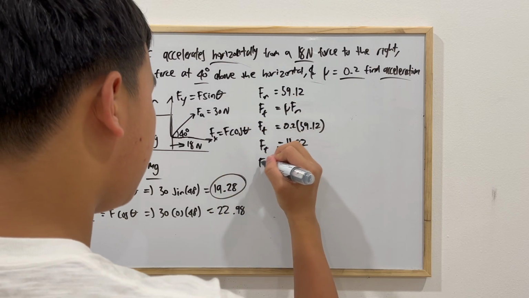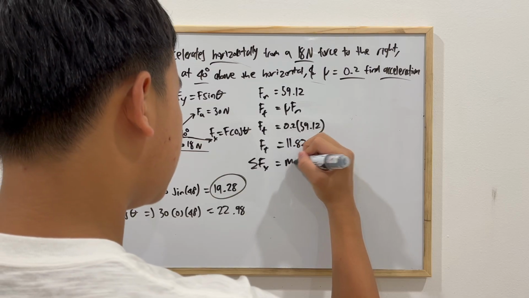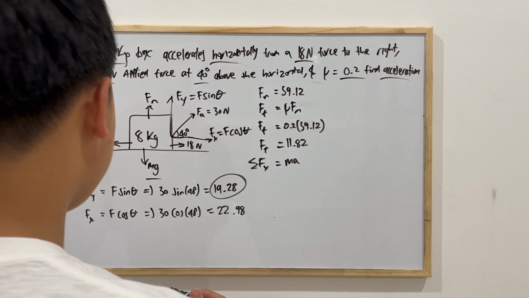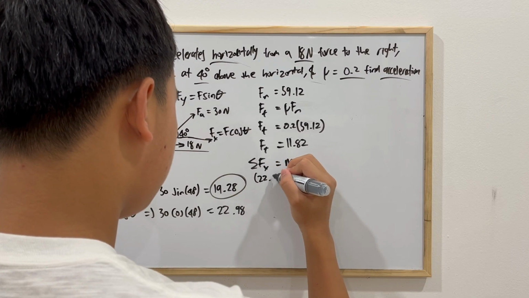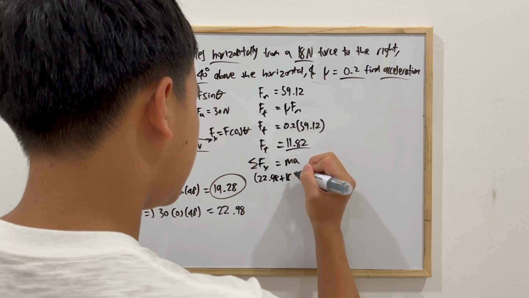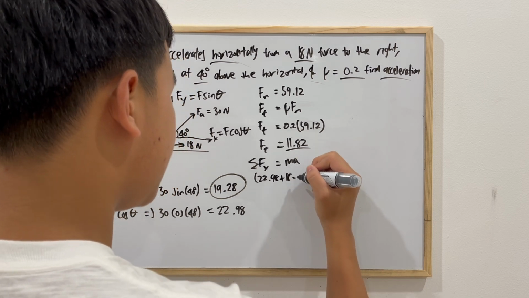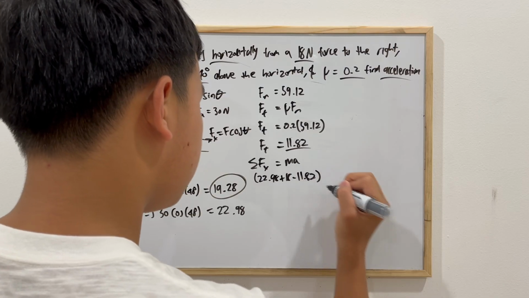We know that the sum of all x forces is still going to equal ma. What horizontal forces do we have? We have our Fx, which is 22.98, our applied force, which is 18, and we have our friction, but this has to be negative, so it's 11.82.